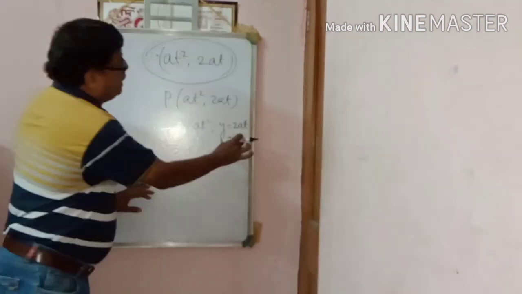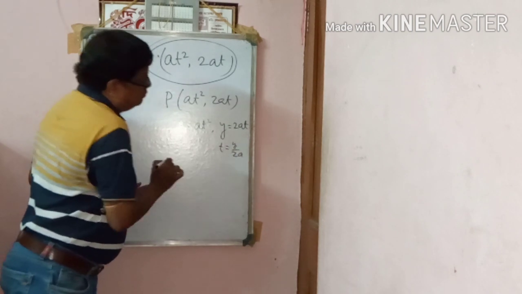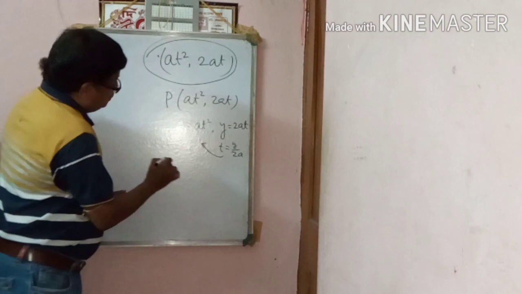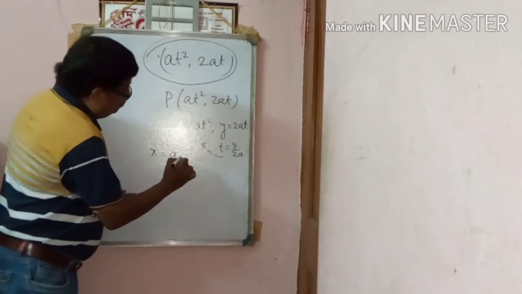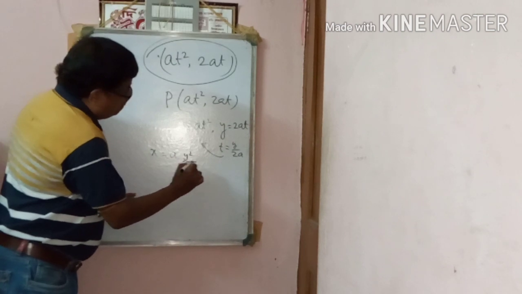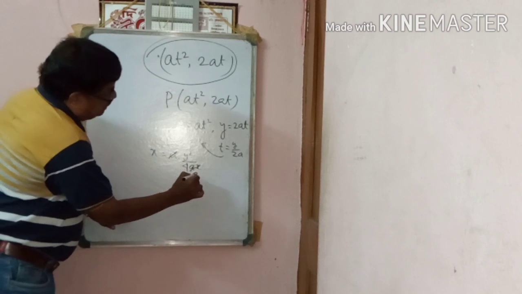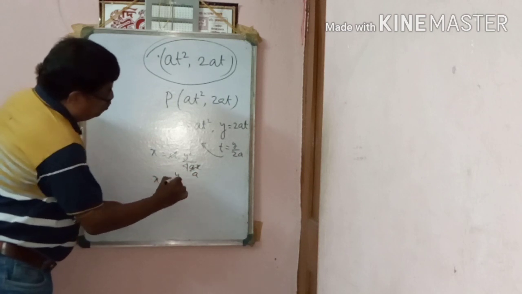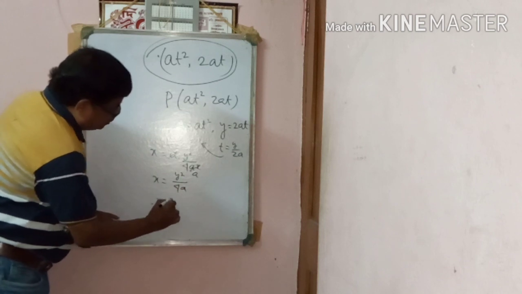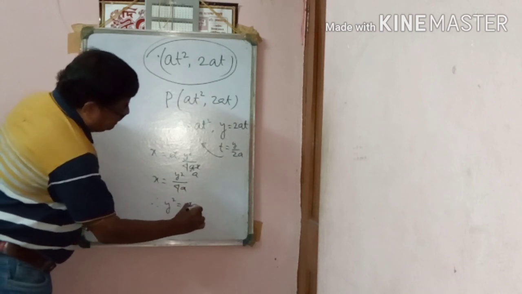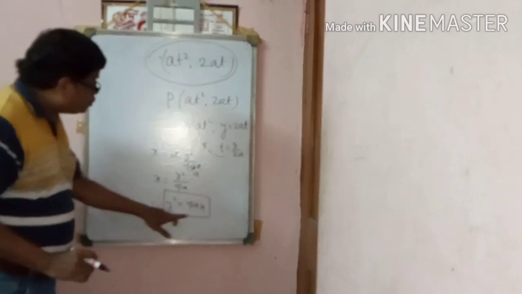Now from here t equal to y by 2a. Now you put it here: x equal to a t square, and t square is y square by 4a square. One a is cancelled. So x equal to y square by 4a. Then y square equal to 4ax. This is the locus of the point.